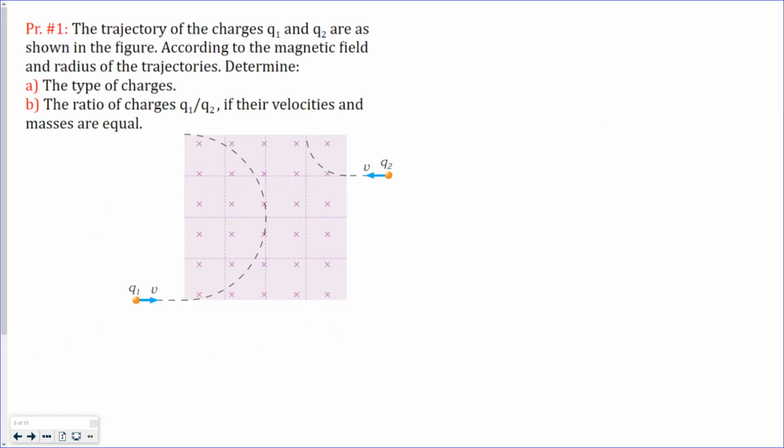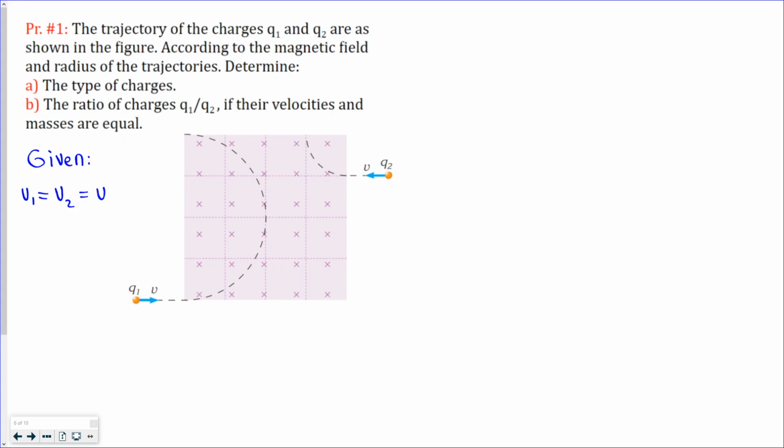Now, let's start solving from the first problem. So, what we have here, let's start with writing the givens. According to the magnetic field and the radius of the trajectories, determine the type of charges. We know that the velocities are equal, and this is v.